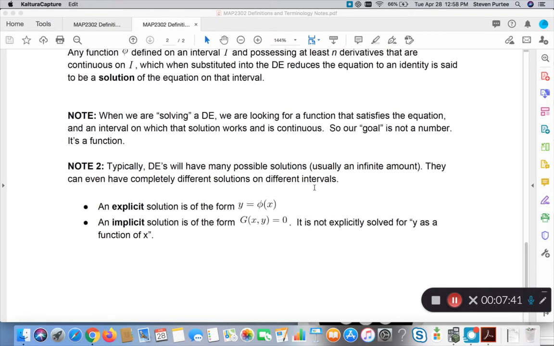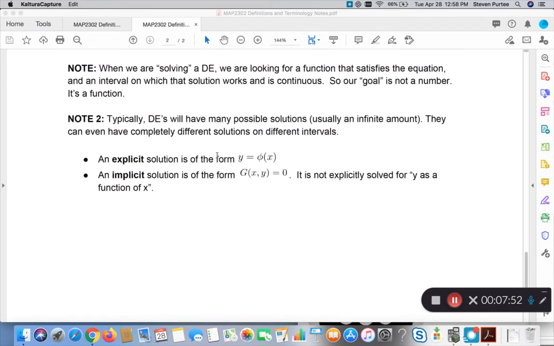Typically, most DEs have more than one solution. They typically have an infinite number or an entire family of solutions that will all work. Most DEs can be written in one of two different forms. A lot of times we get lucky and we can write our solution as an explicit function.